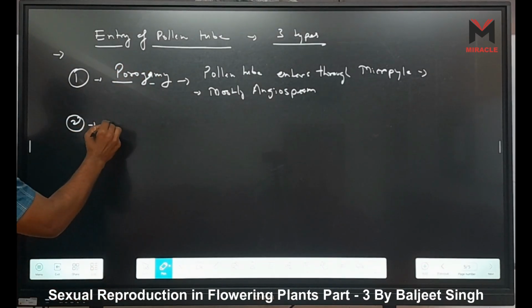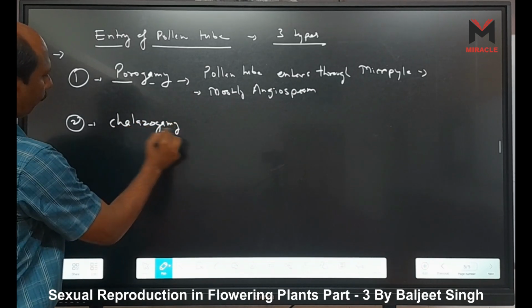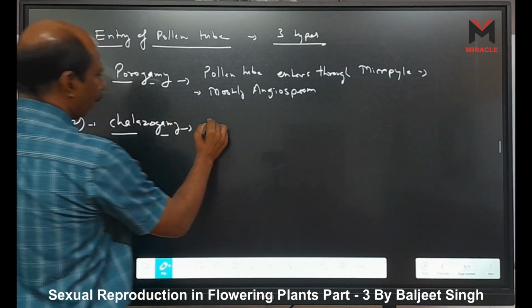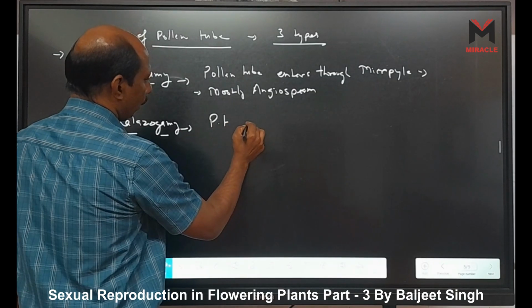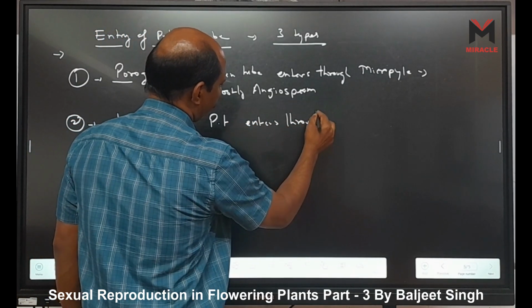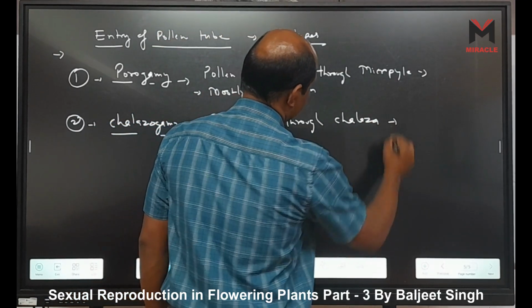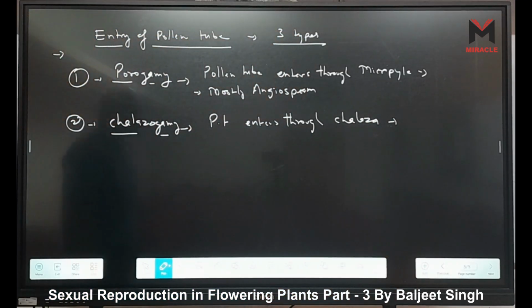Second is chalazogamy. When pollen tube enters through chalaza, right? That is called chalazogamy.